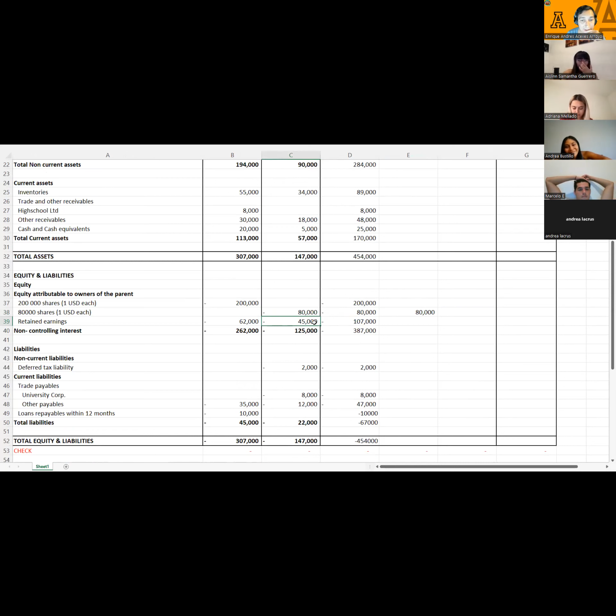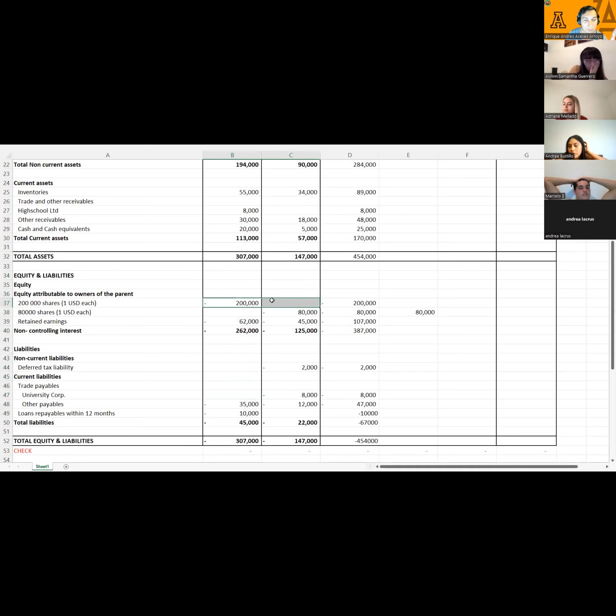Those retained earnings, guys, how much of those retained earnings belong to the university? $62,000. The 62,000 is what you reported as the university, the parent's earnings.